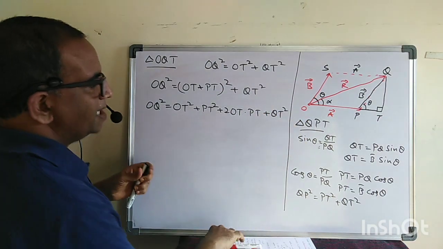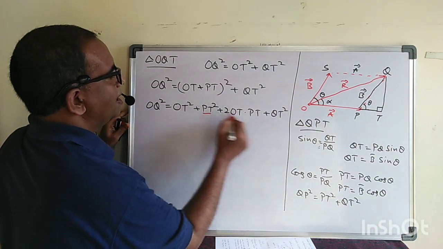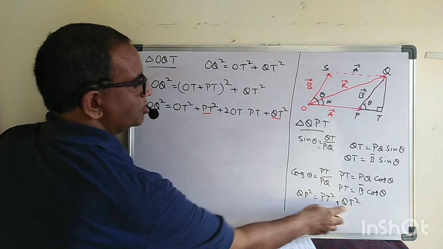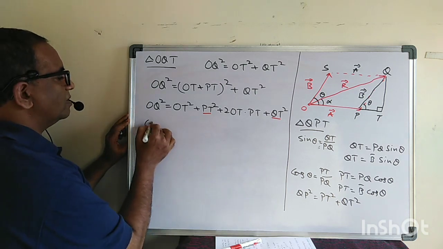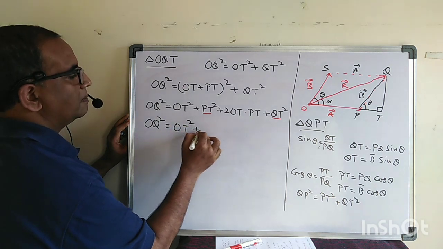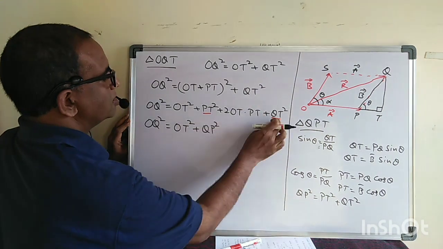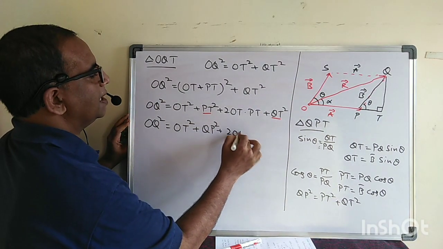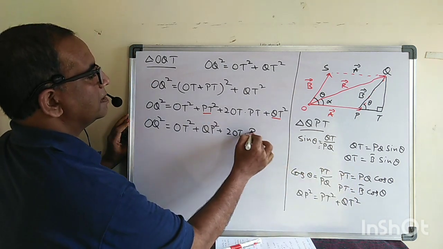Now observe carefully here, PT square plus QT square. In the place of PT square plus QT square, you can write QP square. Therefore OQ square is equal to OT square plus QP square plus 2 OT, and in the place of PT, can I write PQ cos theta?